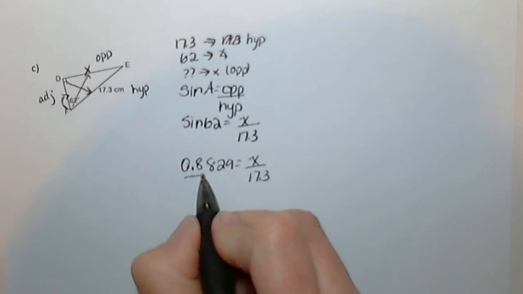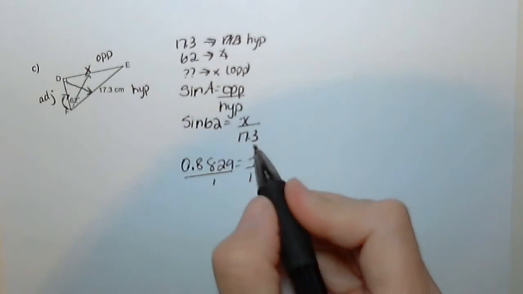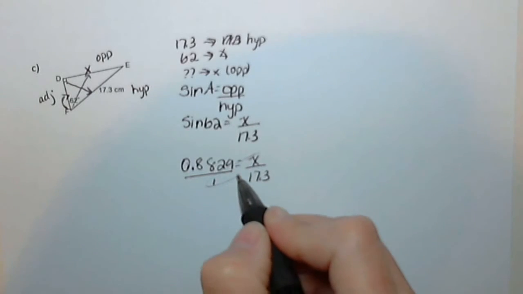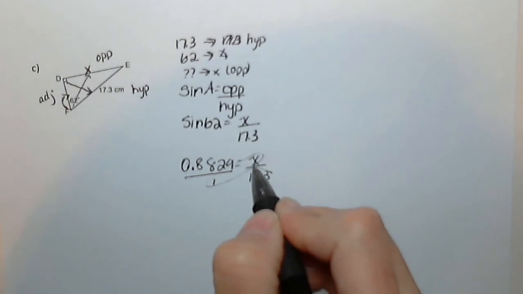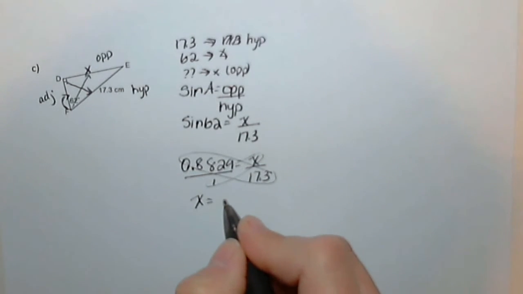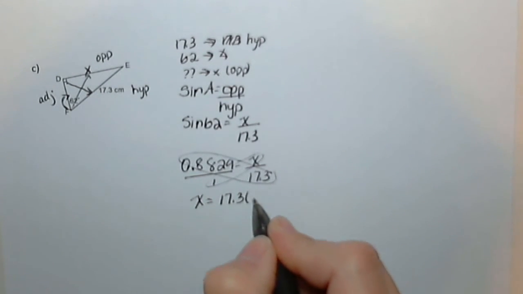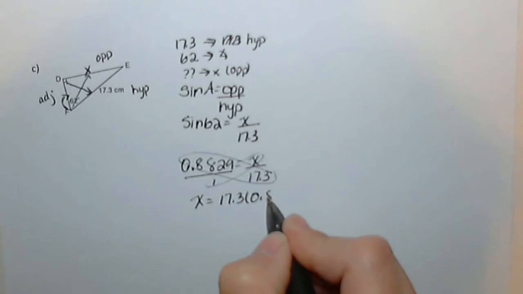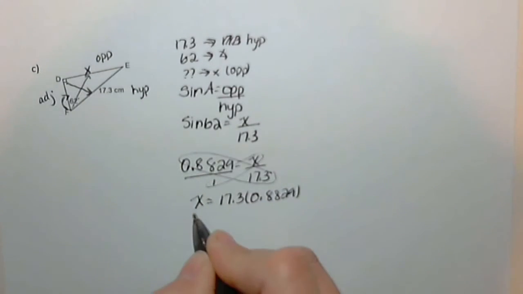The trick now is to put this guy over 1 and to cross multiply. Cross multiply means those two multiply together will equal these two multiply together. We are then going to get x is equal to 17.3 multiplied by 0.8829.